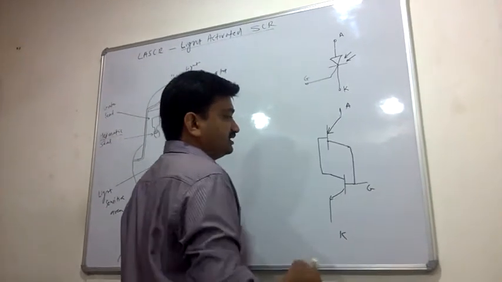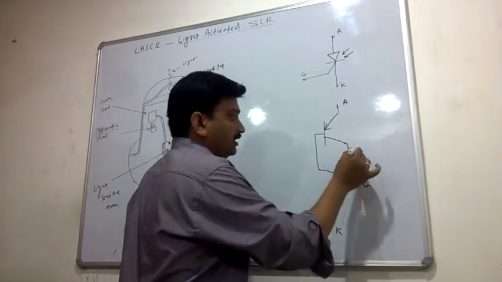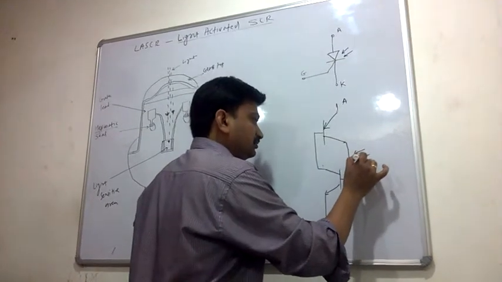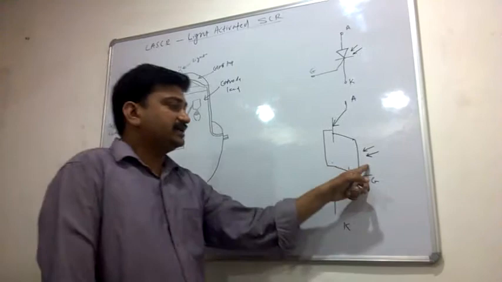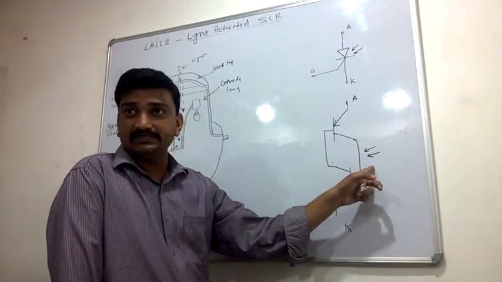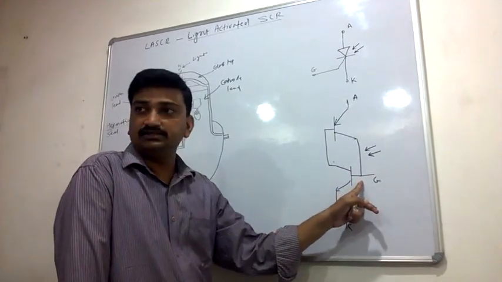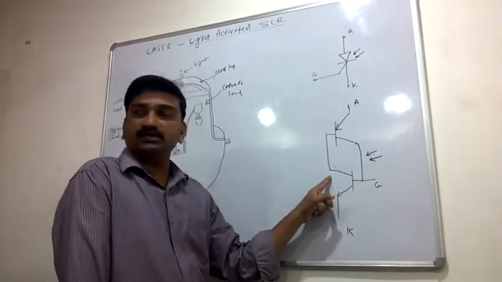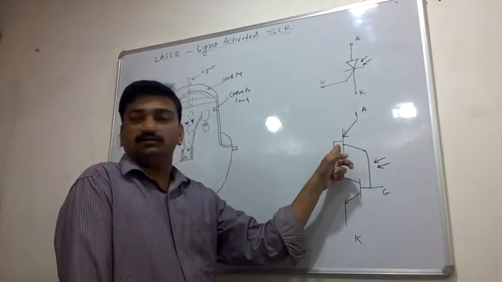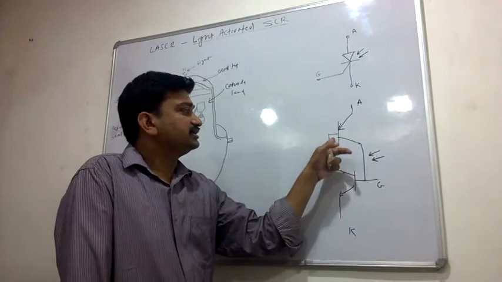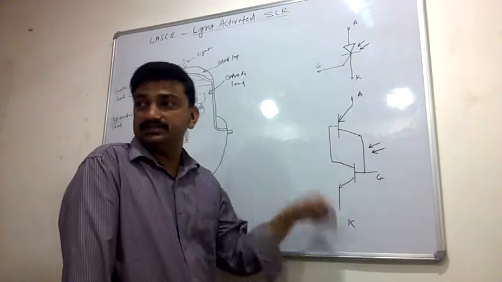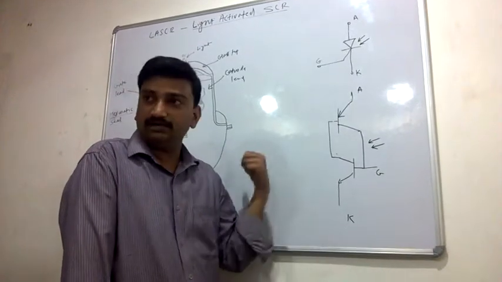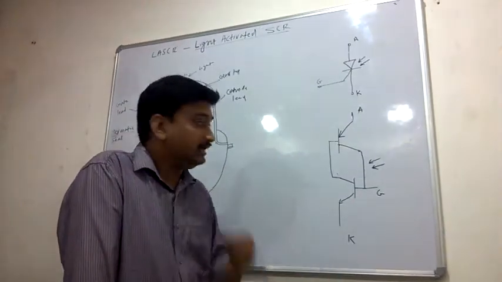This is the PNP transistor and this is the NPN transistor. Light is fallen on this area. This area gets activated or the conductivity increases, and according to that gate current increases. Gate current increases, that's why this collector current increases. According to that, this base current increases, and again the collector and the process goes on, and that's why it gets turned on, as I explained in the earlier working of the SCR by using two transistor analogy.